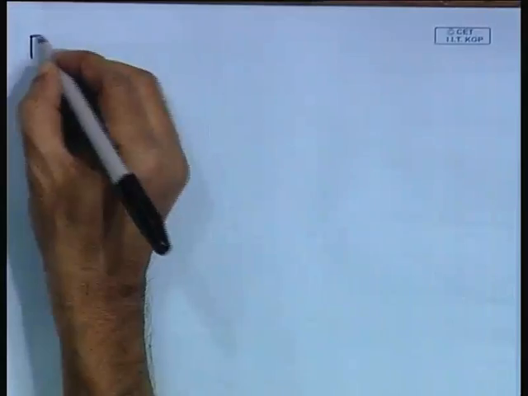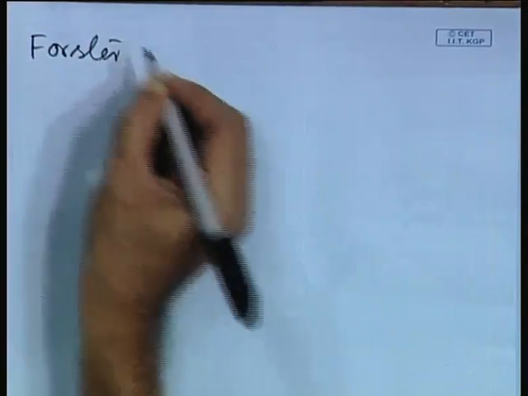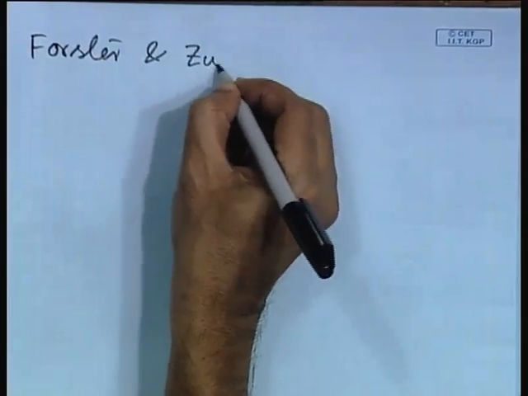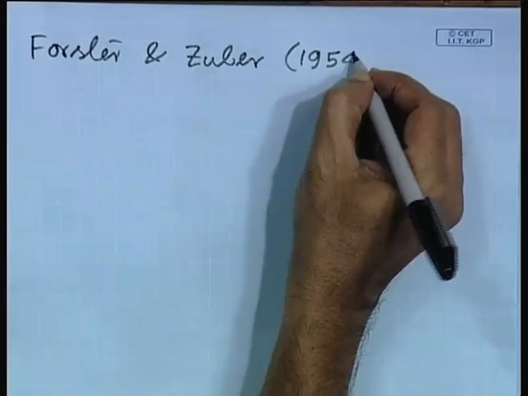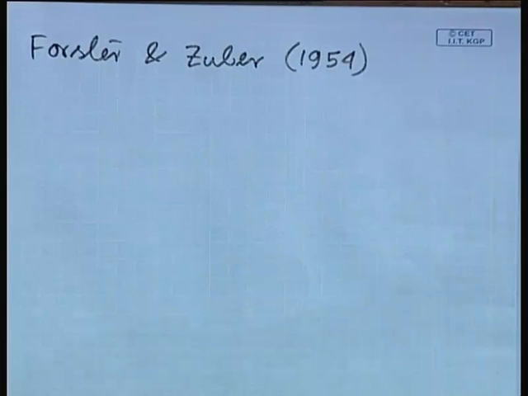So, now we will go to another correlation of boiling heat transfer. That correlation is much similar to the correlation of Rosenow, but there is some difference. That correlation is given by Forster and Zuber, almost at the same time, in the year 1954.